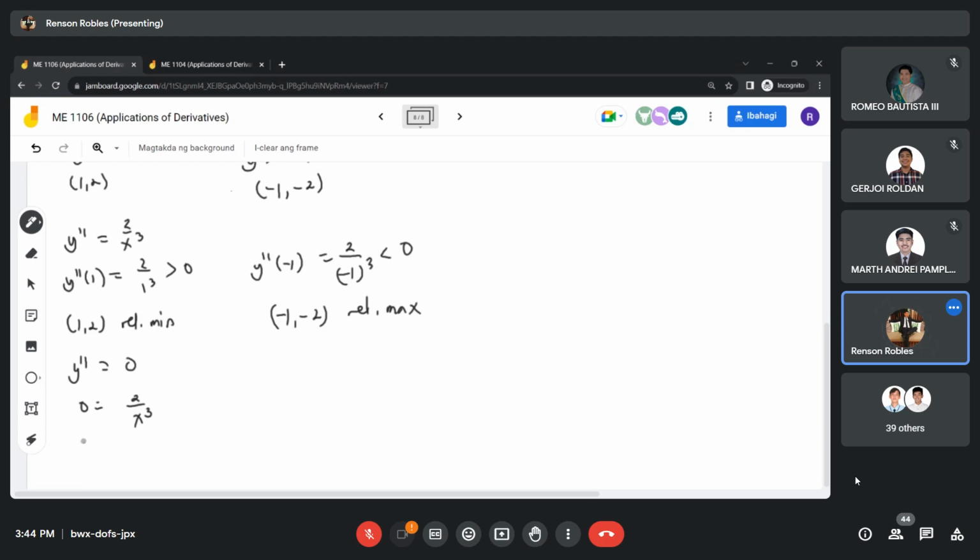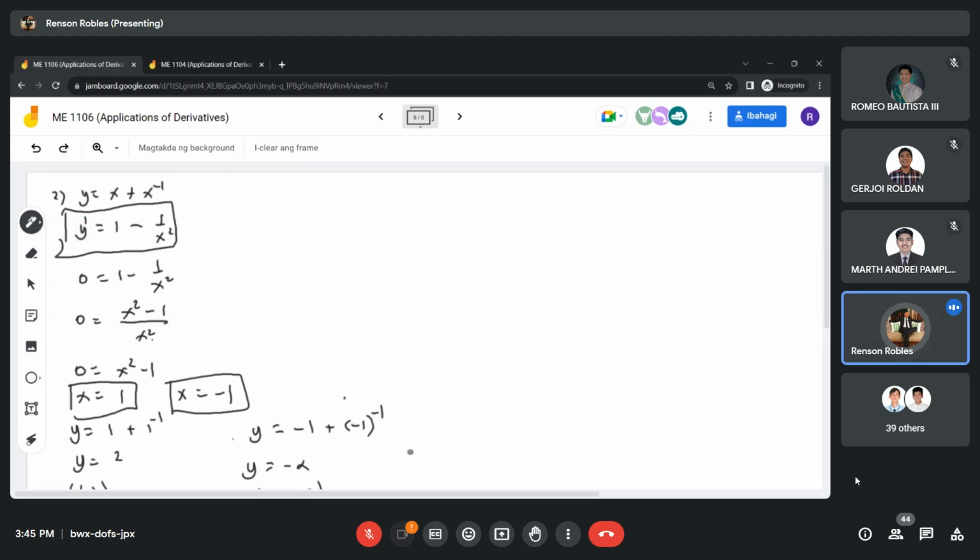Okay? So, you have 0 equals 2. Then, iti-trace na natin. 1, 2, and negative 1, negative 2. Except 0 pala. One more. Y equals x plus 1 over x. So, x cannot be 0.